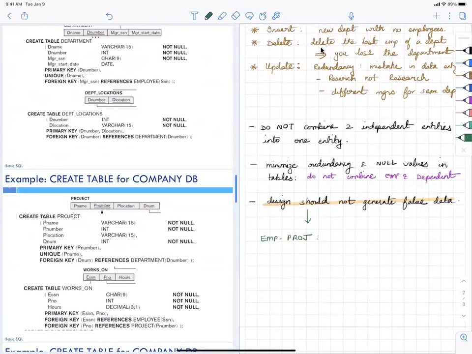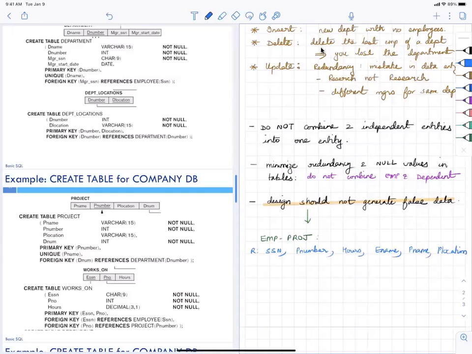We have a table R, and this table has social security number, P number, hours, E name, P name, and P location.